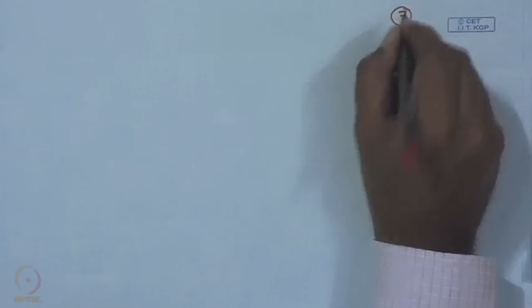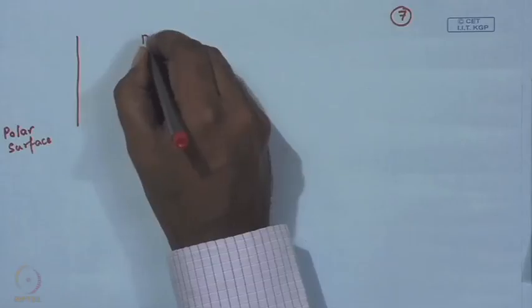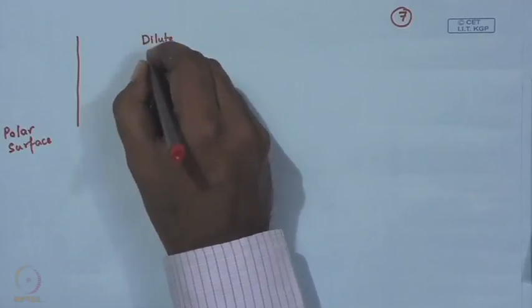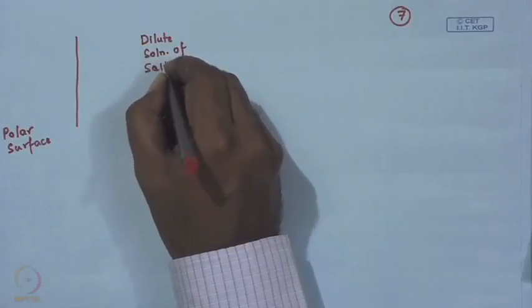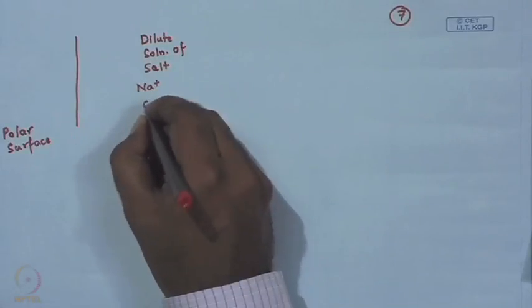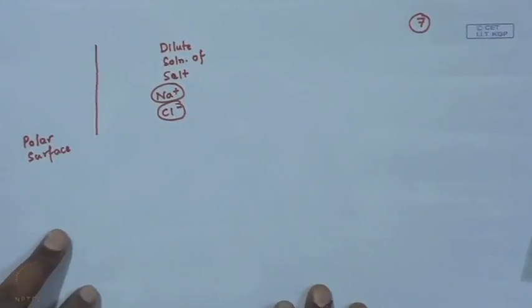So, let us say you have a polar surface which is in contact with a dilute solution of, let us say, salt. Therefore, you have these ions which are freely moving in the liquid medium.